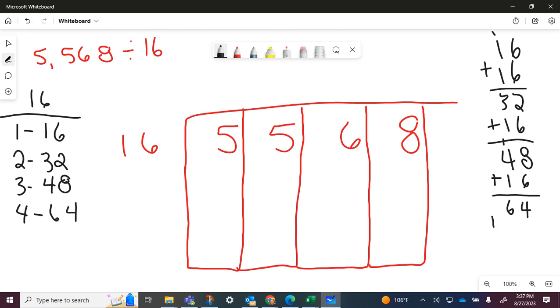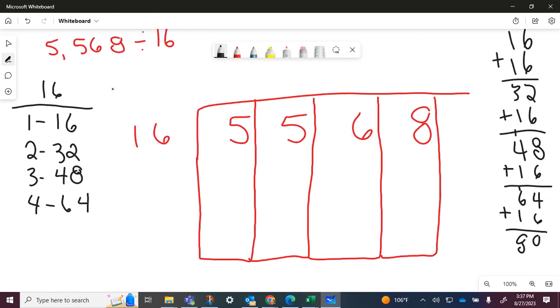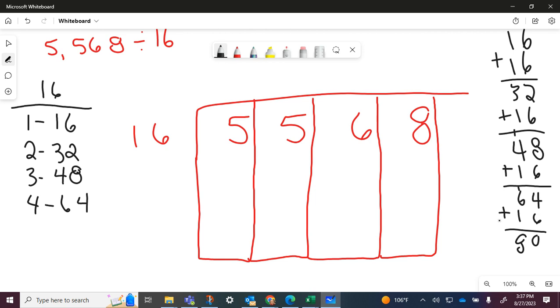And if I added another group of 16, that would be 80. So that would be five groups.